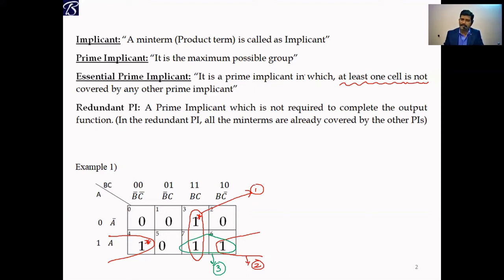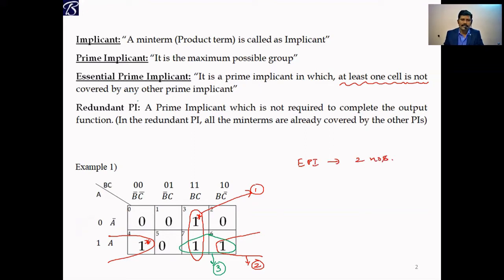An essential prime implicant has at least one cell not covered by any other prime implicant. In this third one, both ones are covered by other prime implicants. So that's why this third group is not an essential prime implicant. So how many essential prime implicants are there? Only 2.